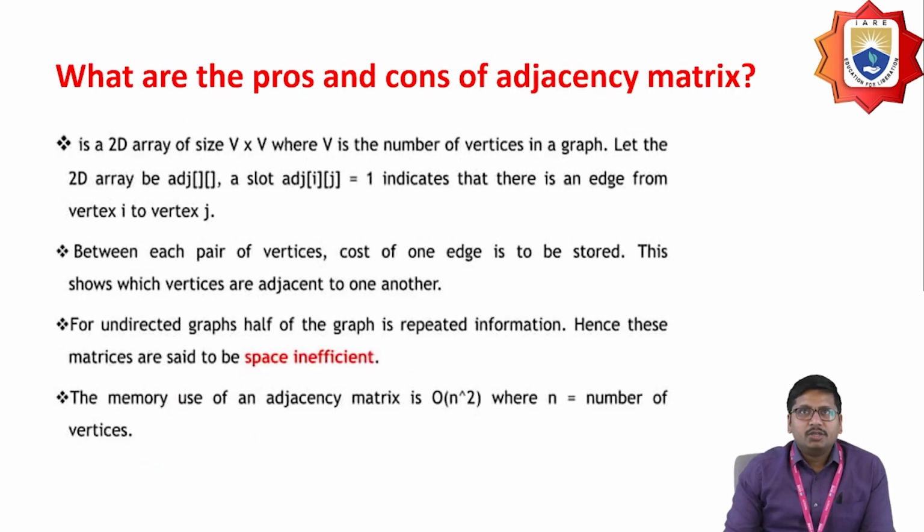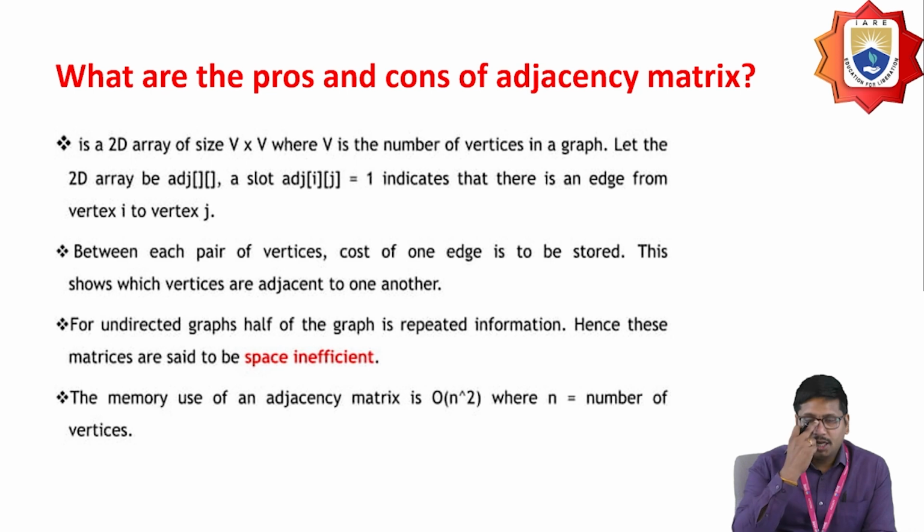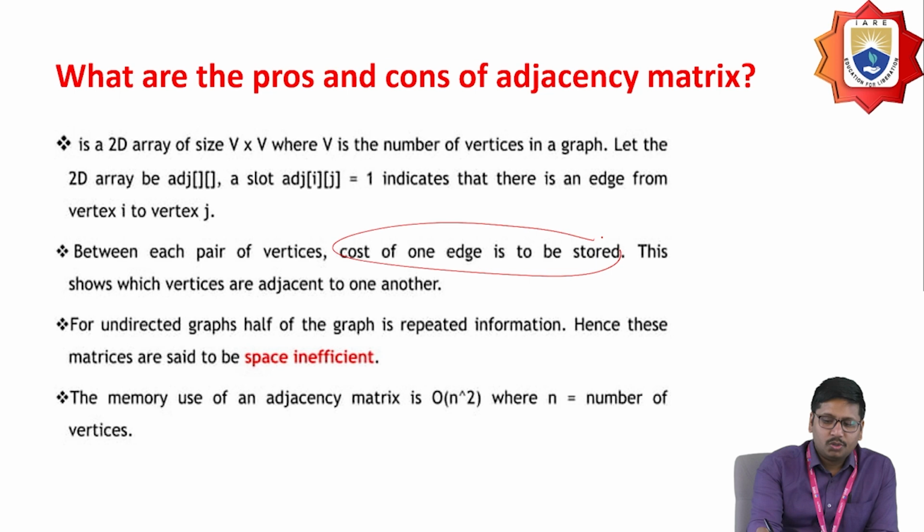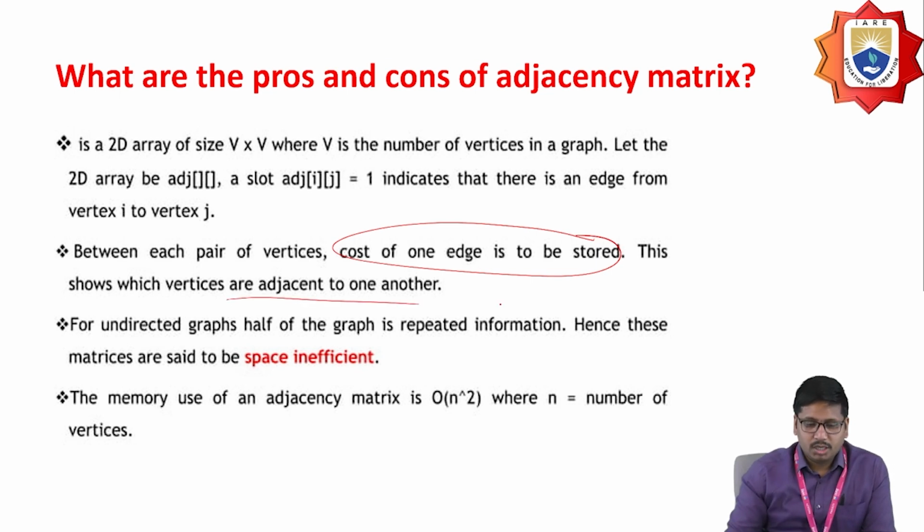So what are the various pros and cons of the adjacency matrix? The adjacency matrix is a two-dimensional array, where I can represent in the form of rows and columns. Between each pair of vertices, the cost of the edge is stored, and this shows which vertices are adjacent to one another.